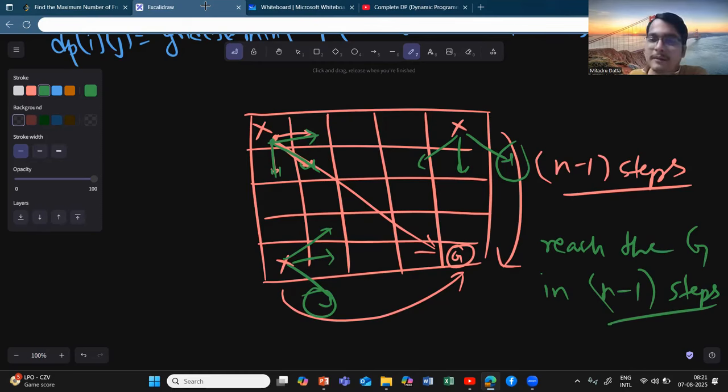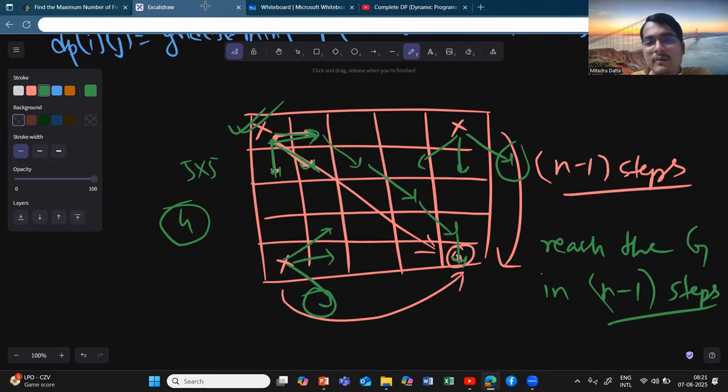As you can see, let's talk about this guy at first. If you are talking about this guy, how many choices does it have? Let's say it goes from here, then here, one, two, and let's say this is a 5 cross 5 grid. So it must reach in 4 steps, n minus 1 steps. Then let's say it goes here, then here, then here.